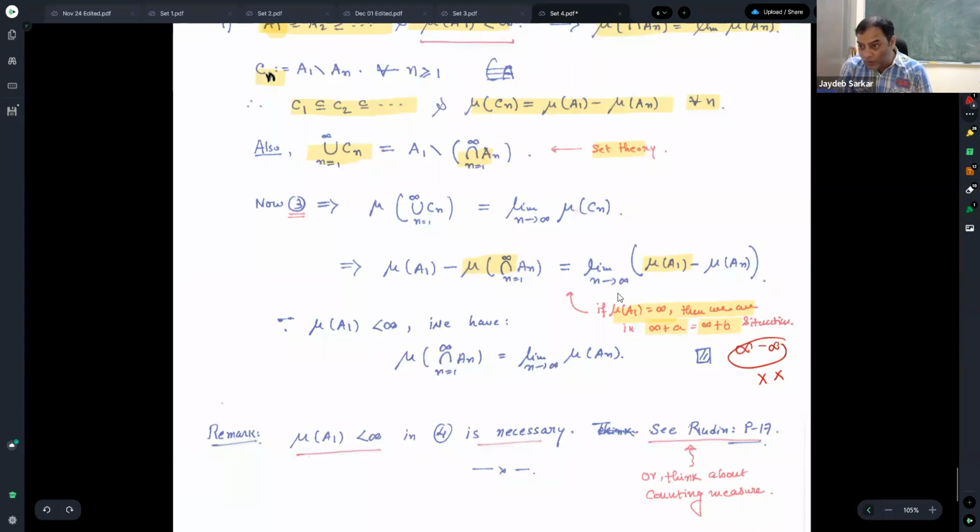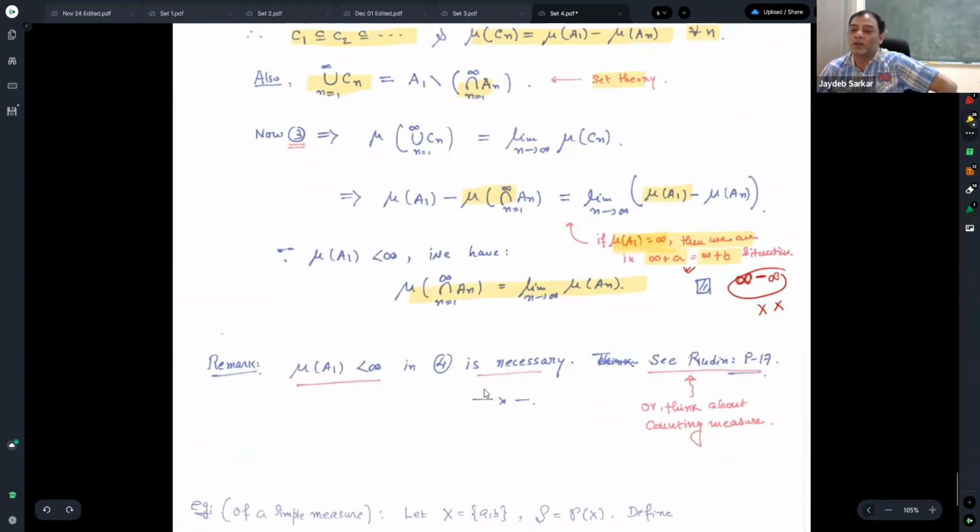So you have to avoid this kind of situation because infinity minus infinity is not defined. In that case, if you assume the measure of A1 is finite, you can cancel and say they are the same. That's the reason I said the measure of A1 is finite.